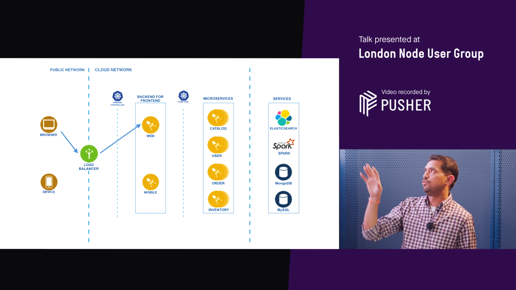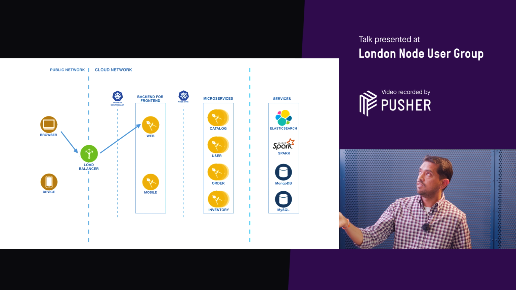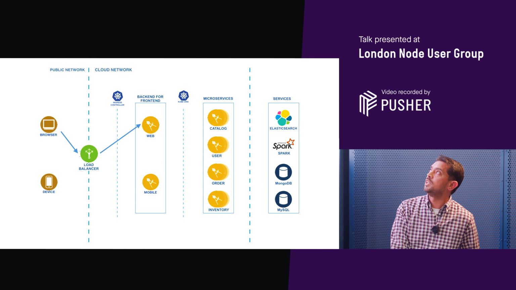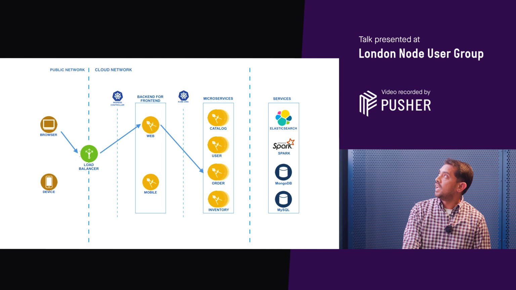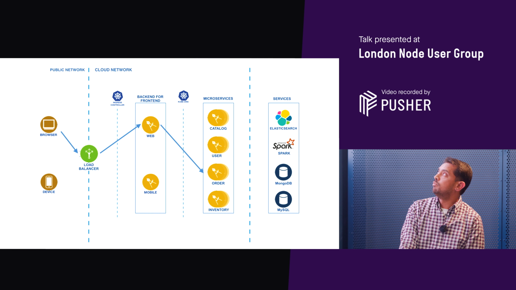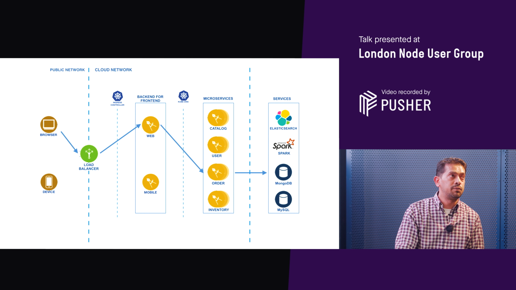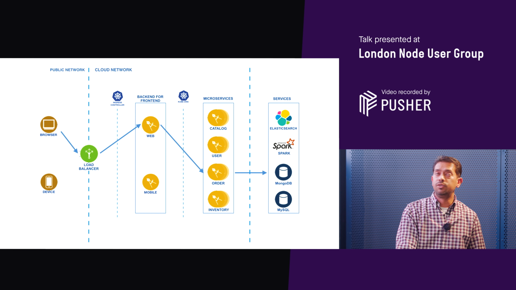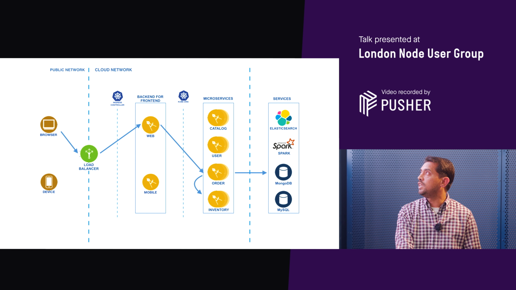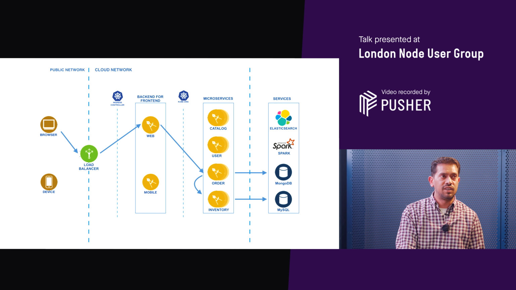The load balancer routes the request to the backend, which is serving the web interface. That calls another microservice, which is fulfilling the orders and uses a MongoDB database. But to do the order, I might need to check the inventory, which might be using a separate database. This is just a hypothetical application.